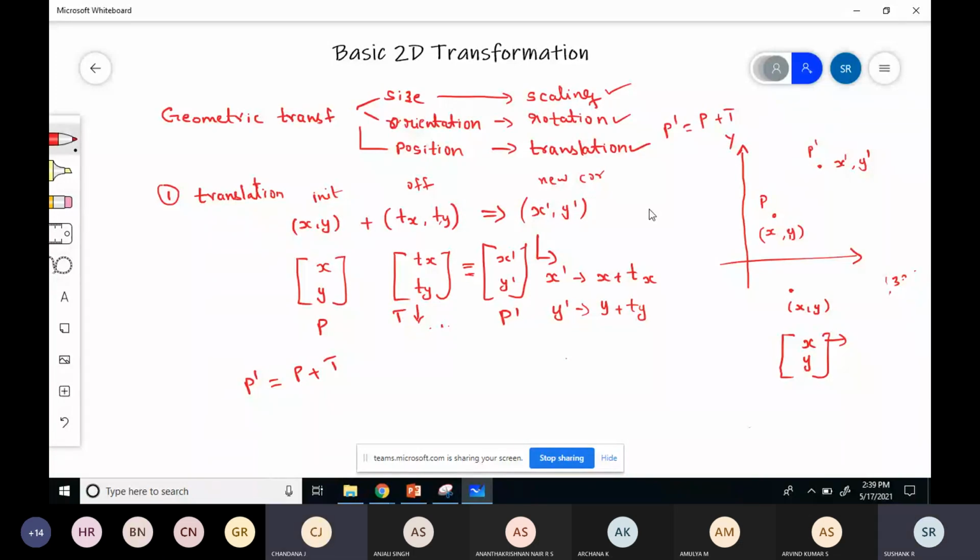Yes, sir. So see, this translation is a rigid transformation. That means the objects will be formed without any deformation. So this is the example of translation.